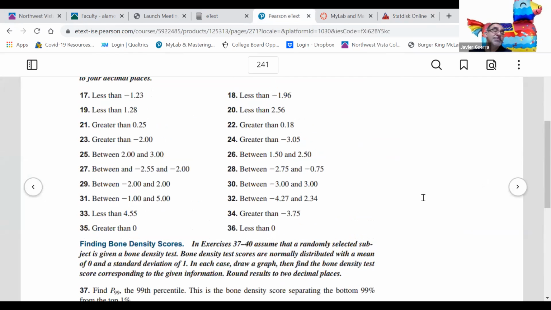I want you to look through the list from 17 through 36 and pick 3 of the hardest ones from that group. Which ones look difficult? You pick. Which ones should we do?